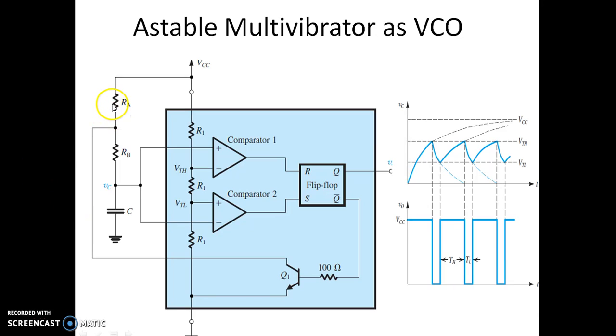Of course, in the previous video we have seen that to have a less than 50% duty cycle, we need a diode bypassing the RB, without changing the VTH. VTH was 2/3 VCC. Suppose the same circuit having RA and RB, if we change the value of VTH, it is still possible to get any duty cycle. That purely depends on what VTH you applied.